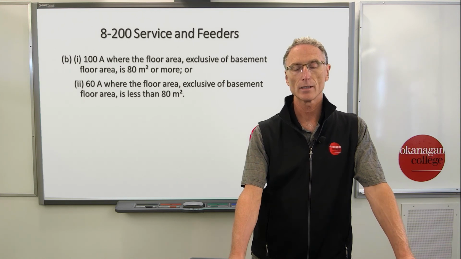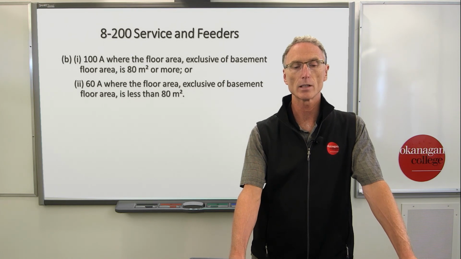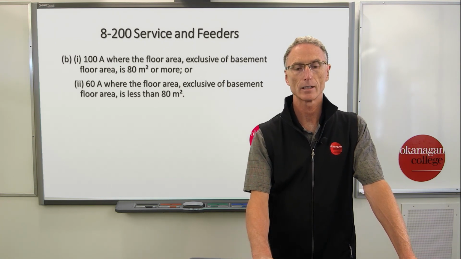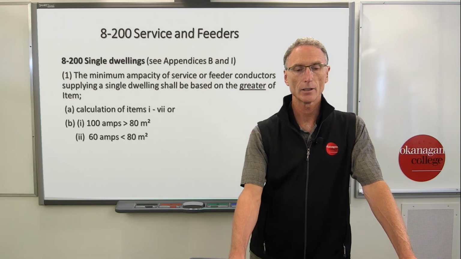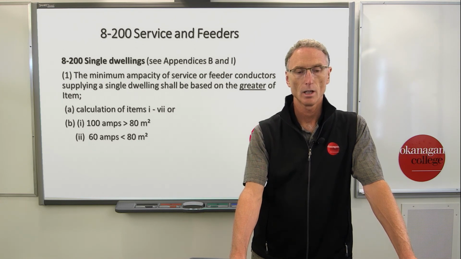So that's obviously if the house is very small, you're not going to load it up with a bunch of things anyways. But minimum service for a dwelling would have to be a 60 amp service if it's less than 80 meters squared. So let's go back here and take this piece by piece, shall we? And apply the calculations.